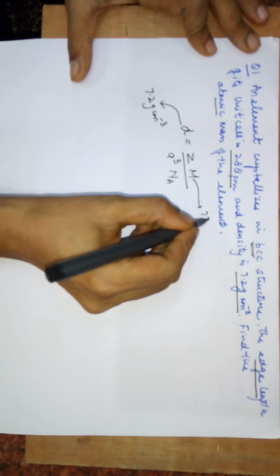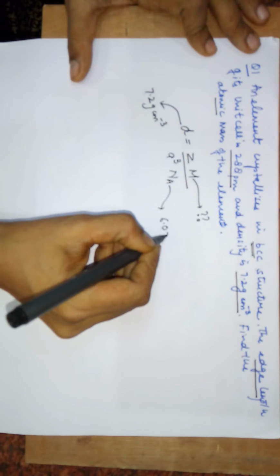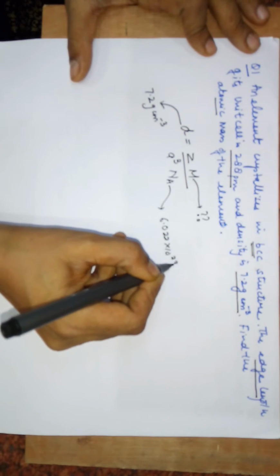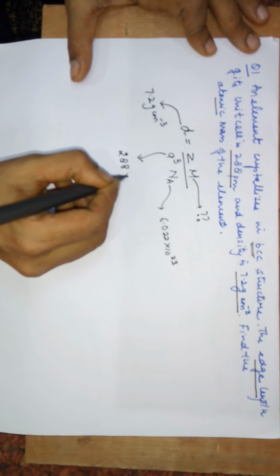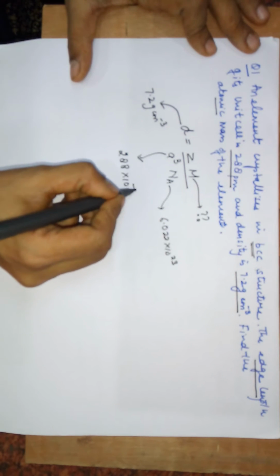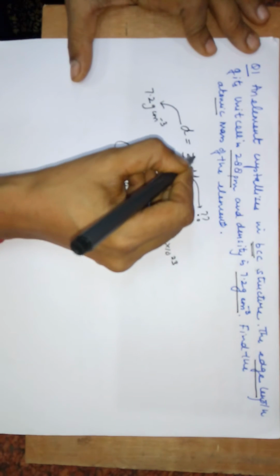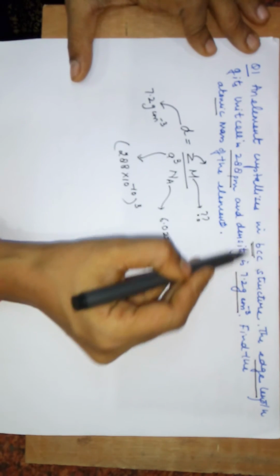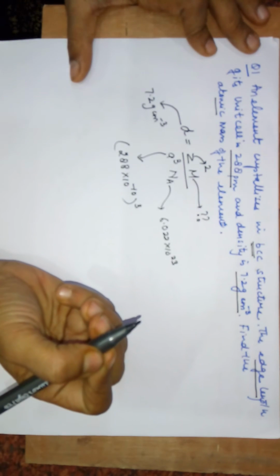Atomic mass is to be found. Avogadro's number is 6.022 times 10 to the power 23. Your A value is 288 times 10 to the power minus 10 and then a cube on top of it. Whereas your Z value, since the unit cell was given to be BCC, comes out to be 2.